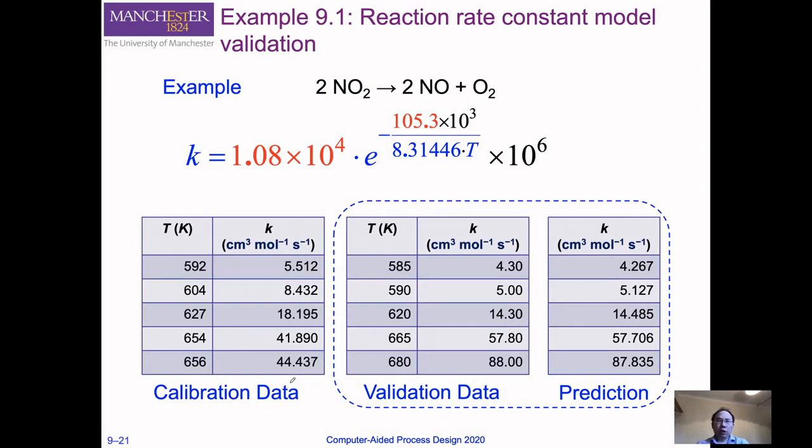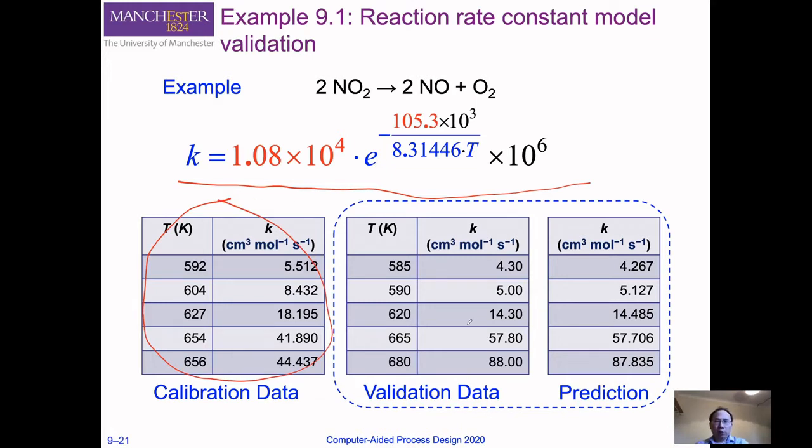We also use example 9.1 to show you how to validate the model we developed for reaction rate constant. We have this model for reaction rate constant. This is the calibration data that are used to develop this reaction rate model.